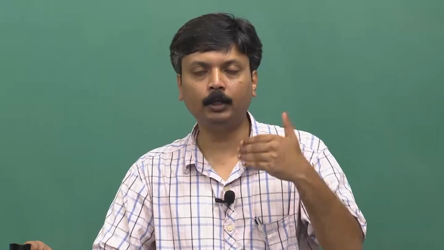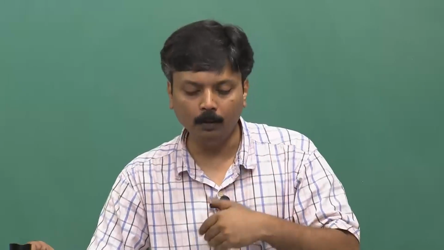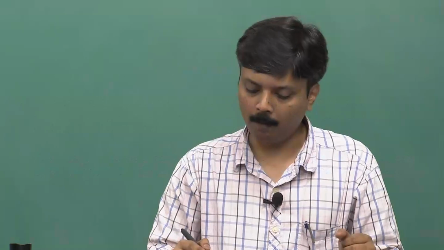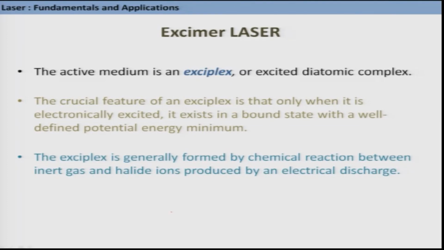energy, potential energy diagram, then it will look like the ground state, there is no bond. If there is no bond, then the ground state is not a bound state, right? So it will look like a dissociative state or unbound state. An unbound state looks like this. So this is my ground state for this system. And when I excite them, I bring in a photon and the molecules get excited and form the complex.